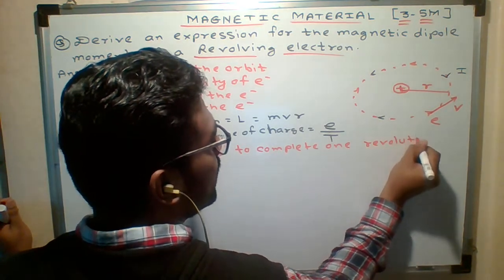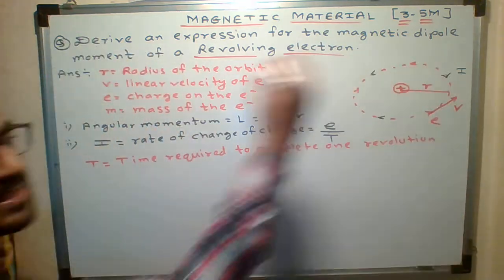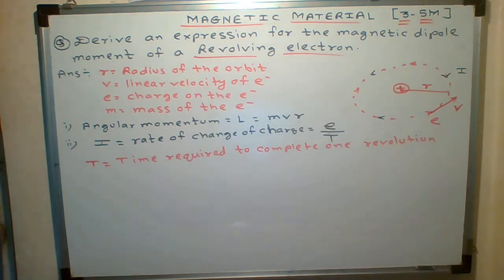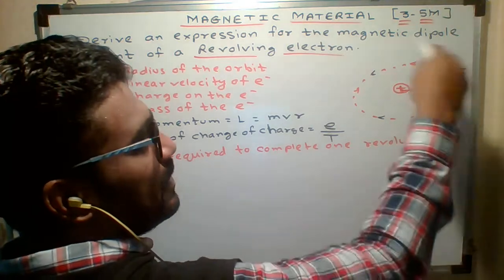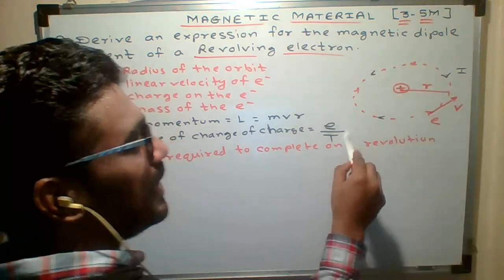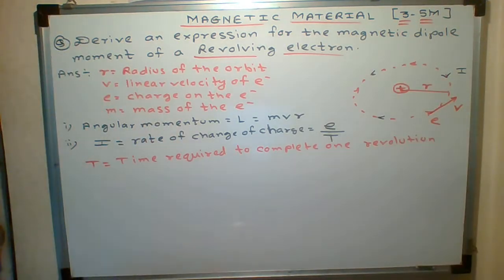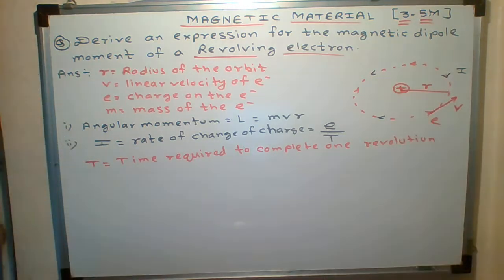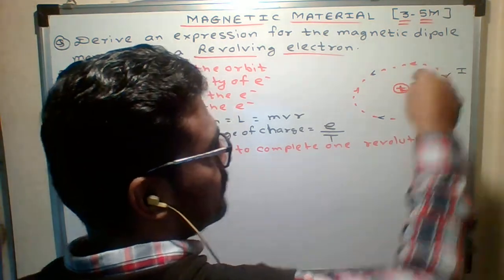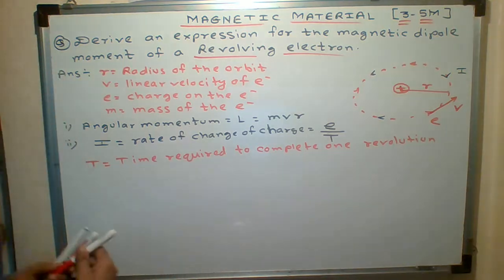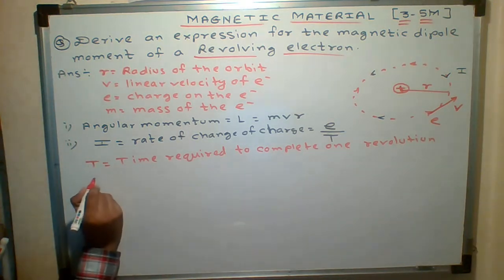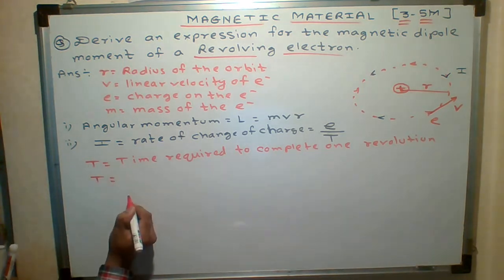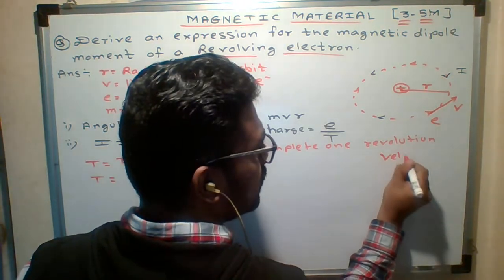I want to tell you, when the electron completes one circular motion, the time required is called capital T, and the current associated with that revolution is I. What is the formula for velocity?